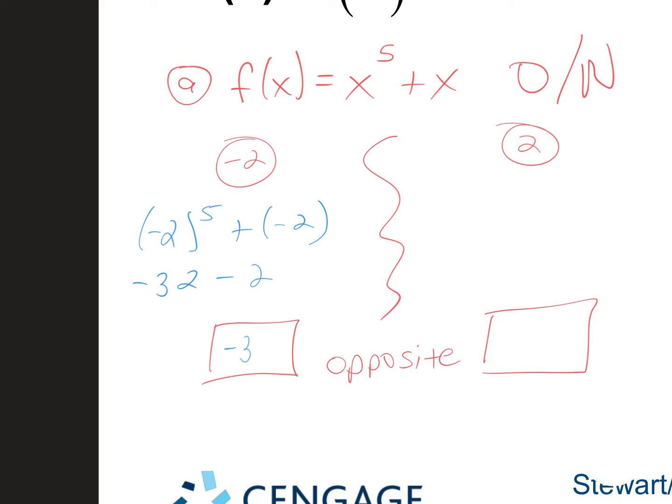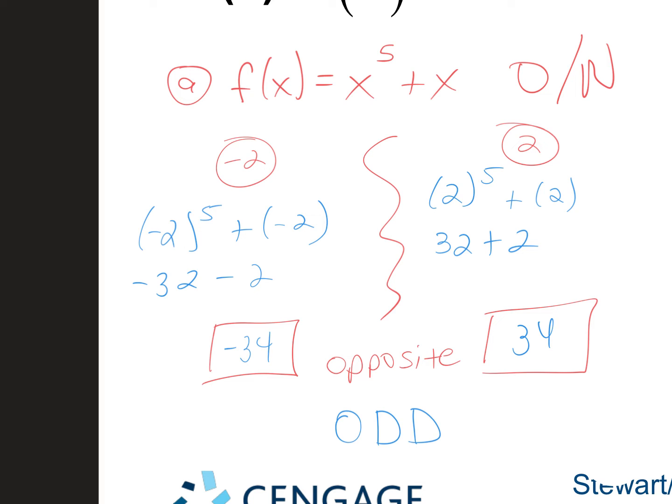Negative 34. Okay? Deal? So now on the right-hand side, I'm going to do positive 2. I would put everything in parentheses so you don't miss a negative sign. But 2 to the 5th power plus 2. Well, 2 to the 5th power is 32 plus 2 is what? 34. Are those two numbers exact opposites? So then this is an odd function.